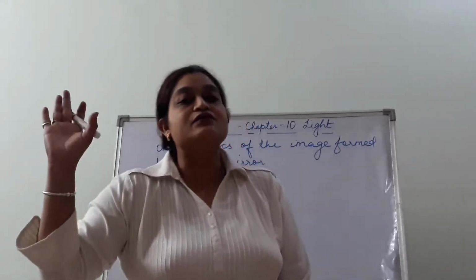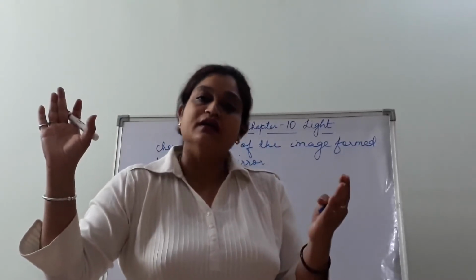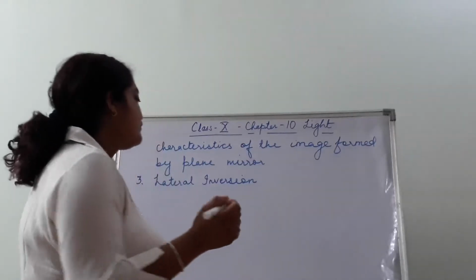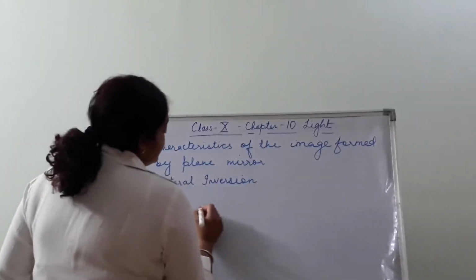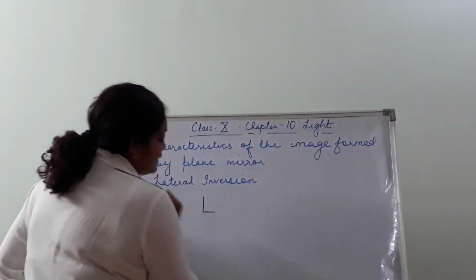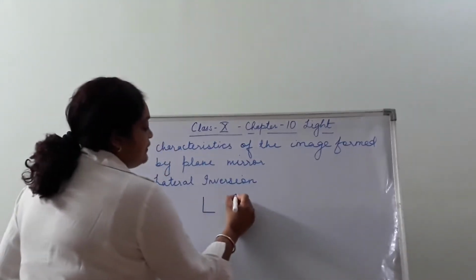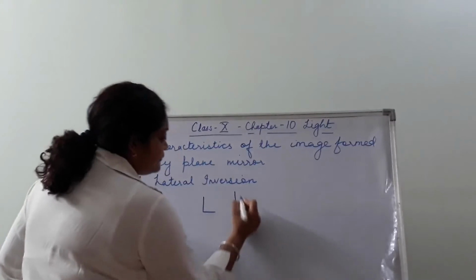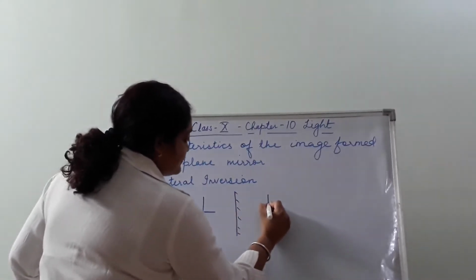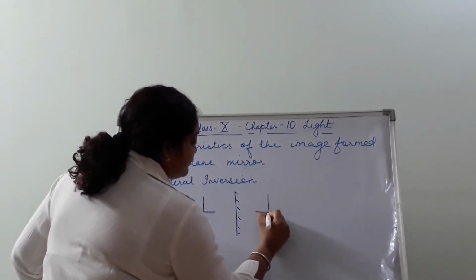This means the right looks at the left and the left looks at the right. Suppose there is one alphabet L and we have a plane mirror in front of it, this is how the alphabet will look.